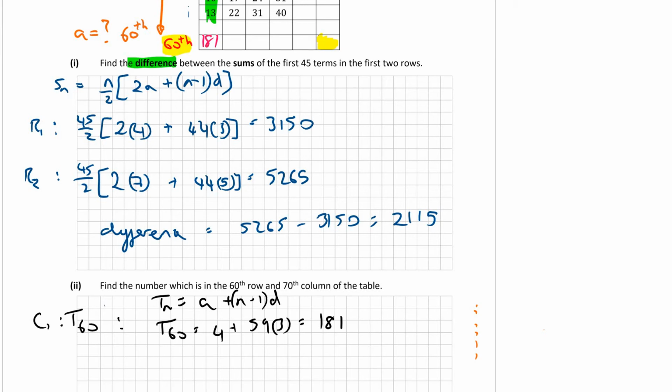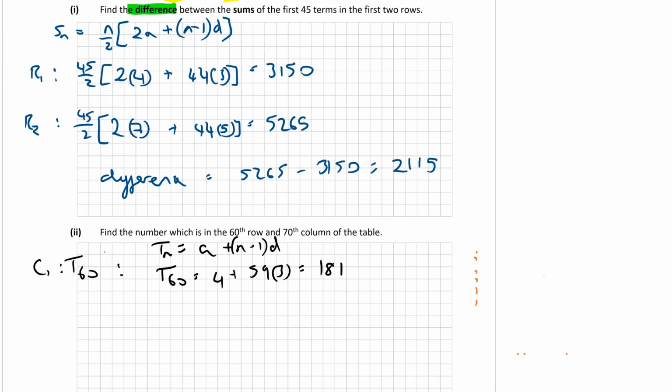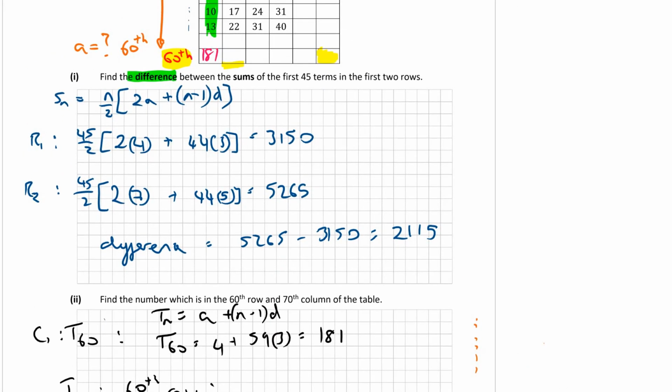So I'll need the 70th term in row 60 essentially. Then the only thing I'm missing is the difference in the 60th row. So I need term 2 in the 60th row.